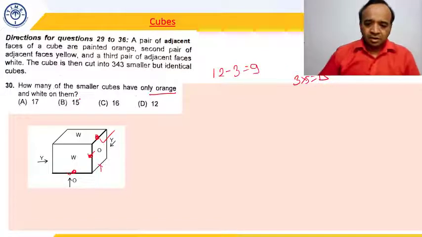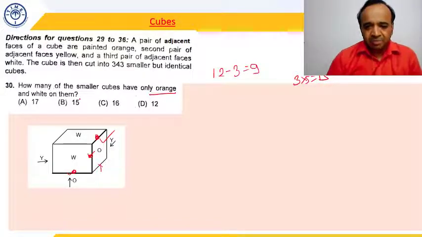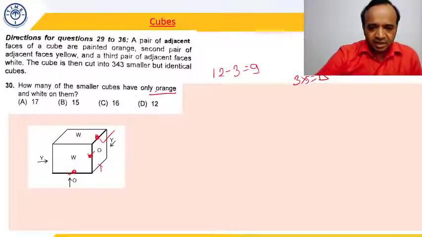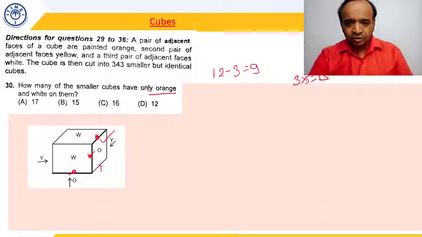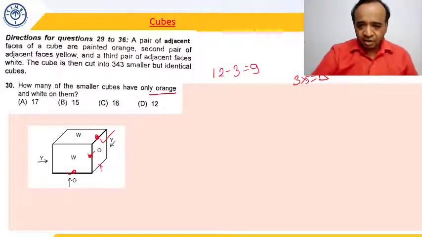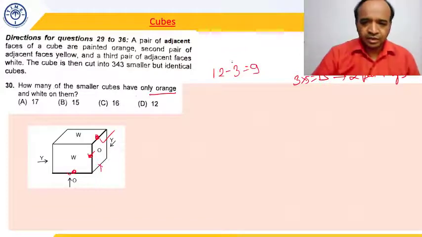Fine. So what I have just said is that in this case it is not necessary to have only 2 painted faces. There is a possibility of 3 painted faces with orange and white only on them. That is also to be considered. So this represents orange and white with 2 painted faces. Now if I talk about 3 painted faces, that must contain only orange and white.